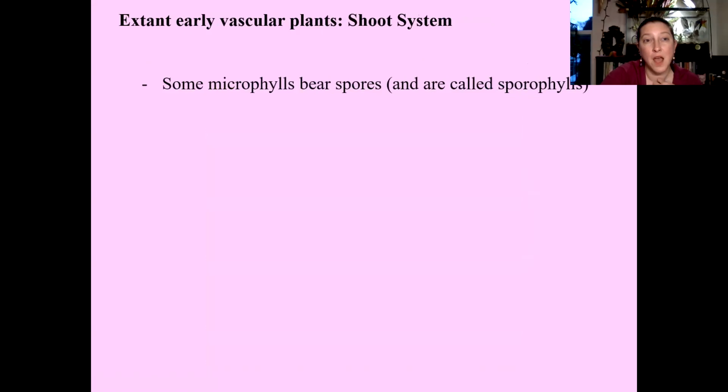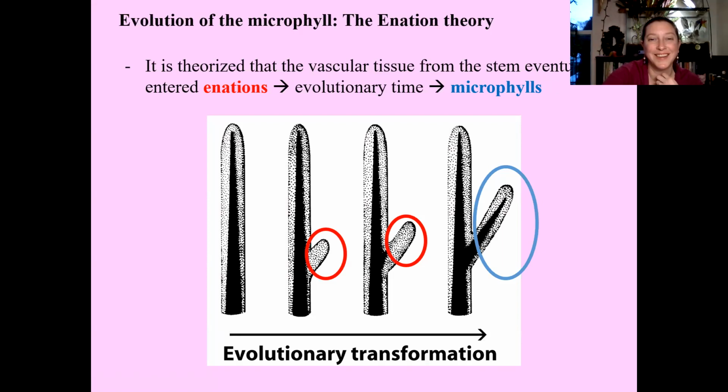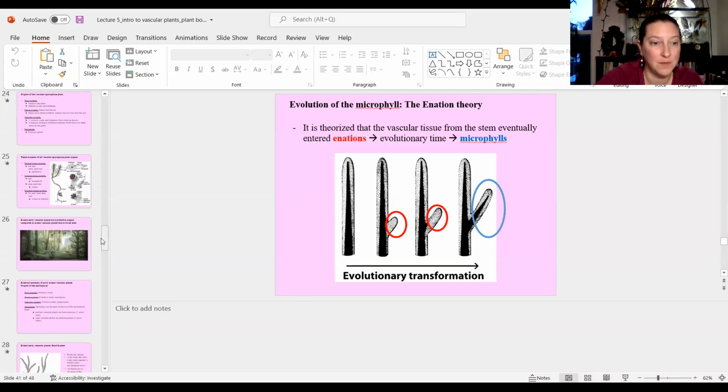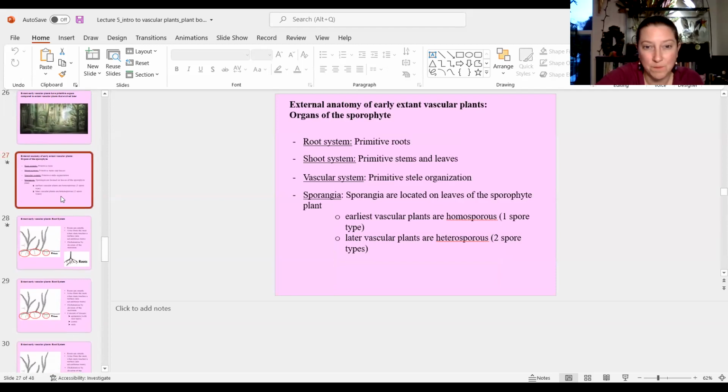Okay. Last thing: I did say it earlier, but I'll show you again if you don't believe me. Remember when I said this earlier? Where are the sporangia located on these plants? The sporangia are located on leaves.